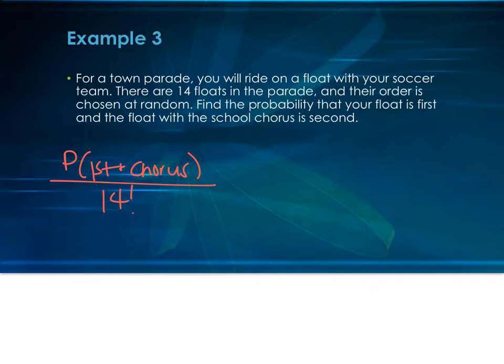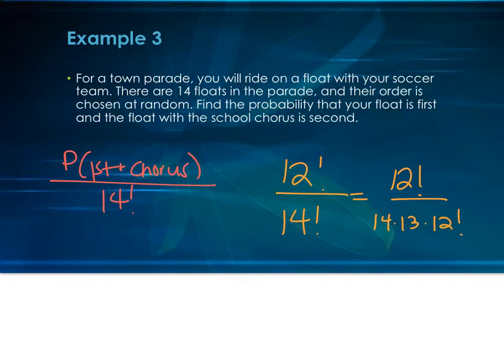So I'm saying, okay, there's 12 possibilities because I already took the first 2 out of 14 possibilities. So this would break down, and this time the larger factorial is in the bottom. So this would be 14 times 13 times 12. And then these cancel, and I get 1 over 14 times 13, which is 182.